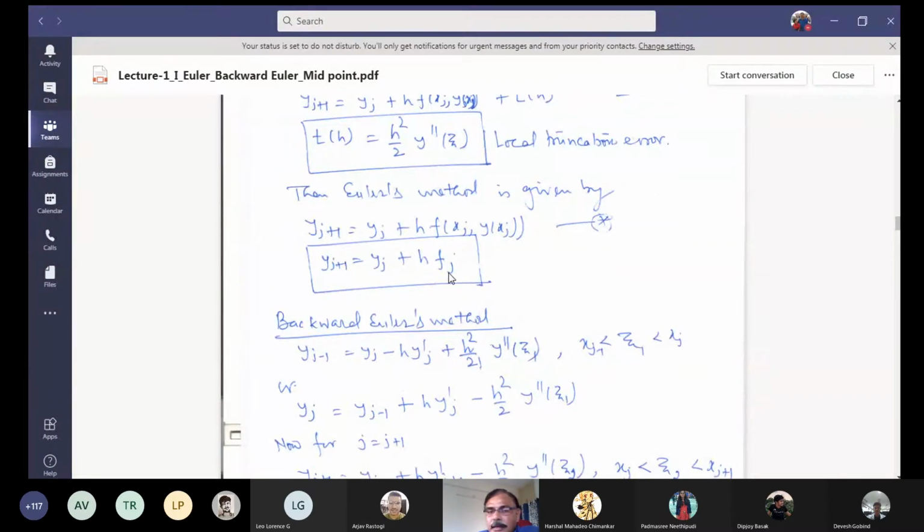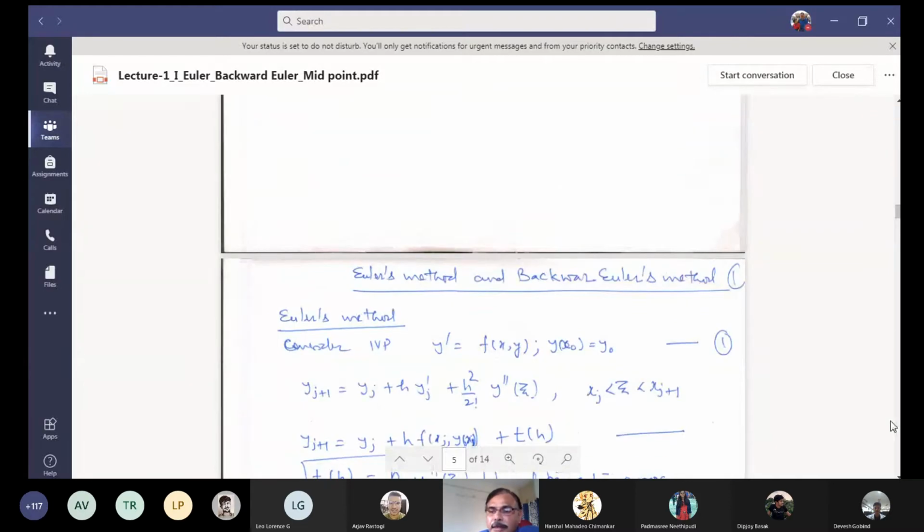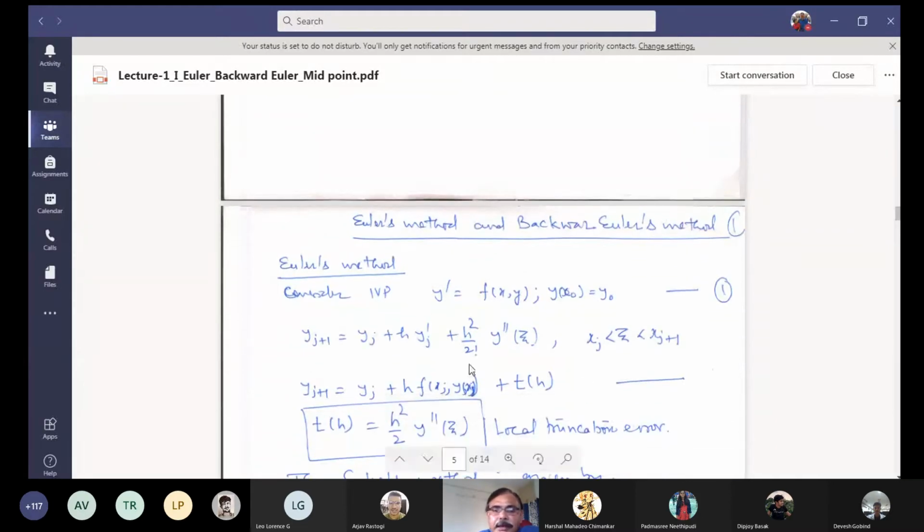Now, here you have truncated your Taylor series at h square. After that, you haven't taken any series term, so you have truncated at this point. So this is called the local truncation error. If we write yj plus 1 equal to yj plus h f of xj, yj, then this much error we are going to commit.